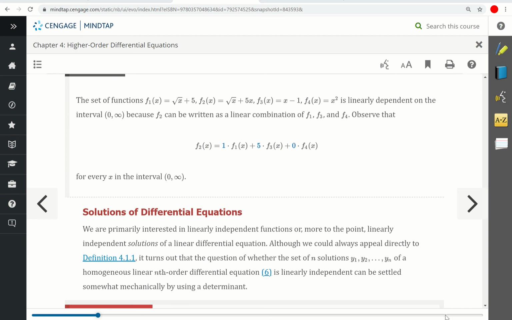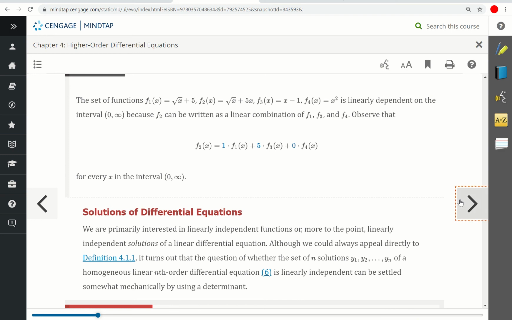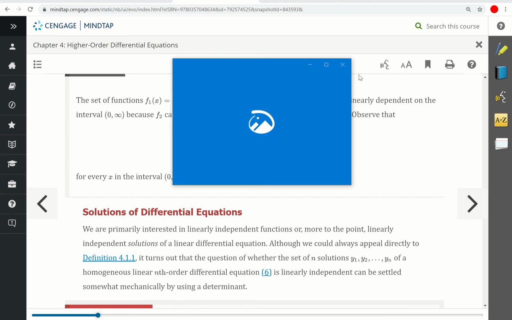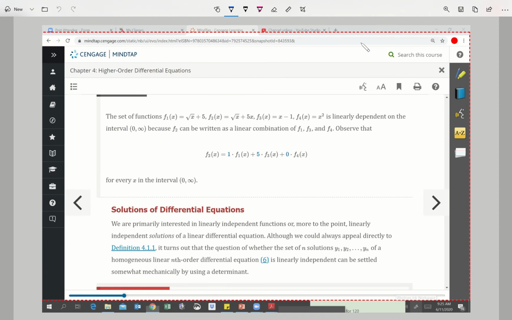So how does that fit into our definition of linearly dependent? The algebra portion of that, I'll let you verify, but essentially what that means is the following. Let me subtract f2 of x from both sides.